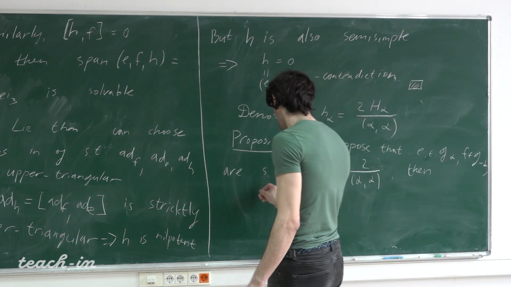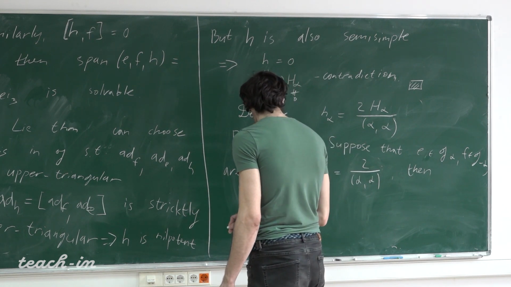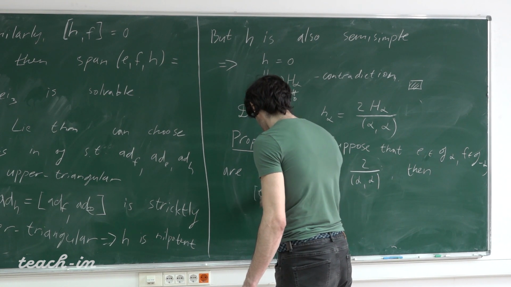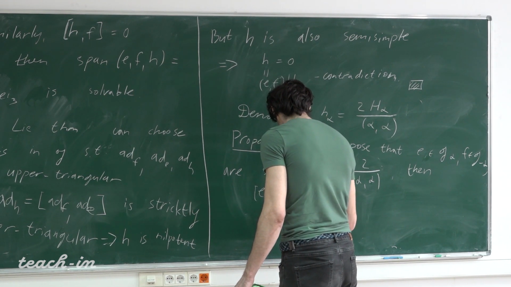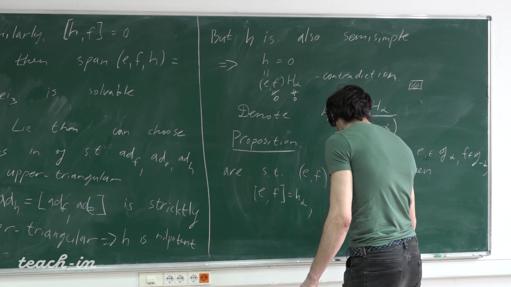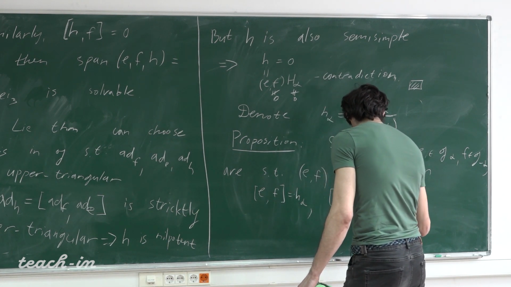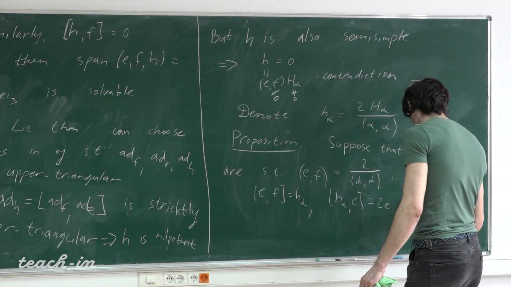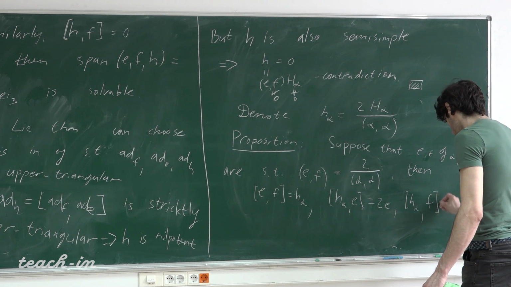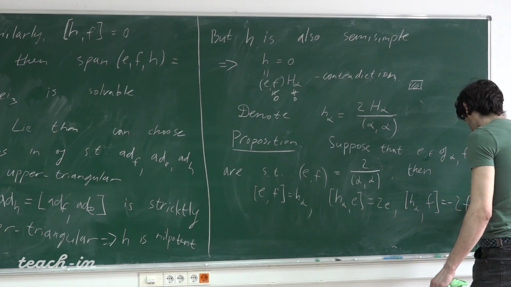So then E with F is H alpha. H alpha with E is 2E, and H alpha with F is negative 2F.